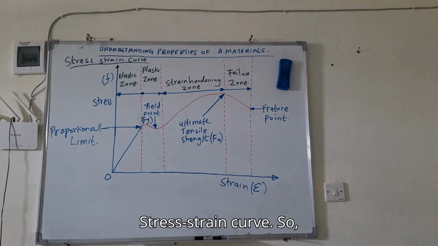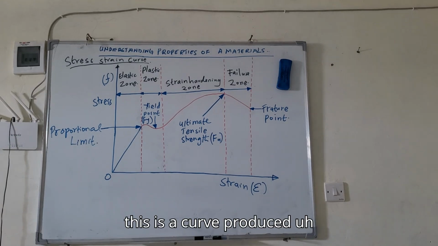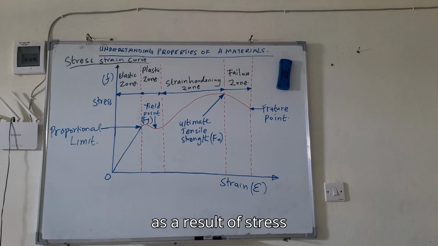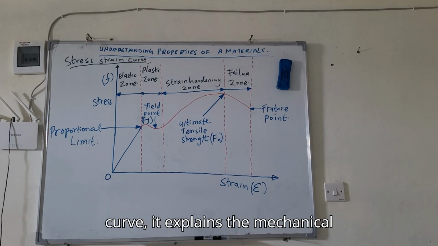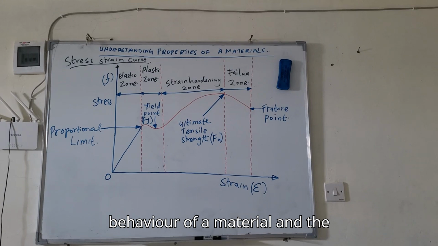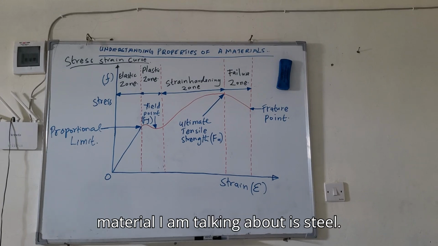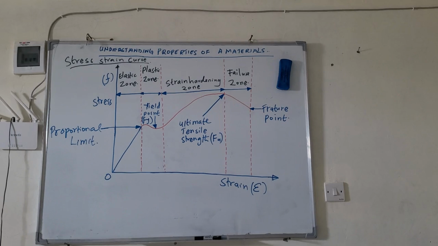Stress strain curve. So this is a curve produced as a result of stress and strain. So the curve explains the mechanical behavior of a material, and the material I'm talking about is steel.